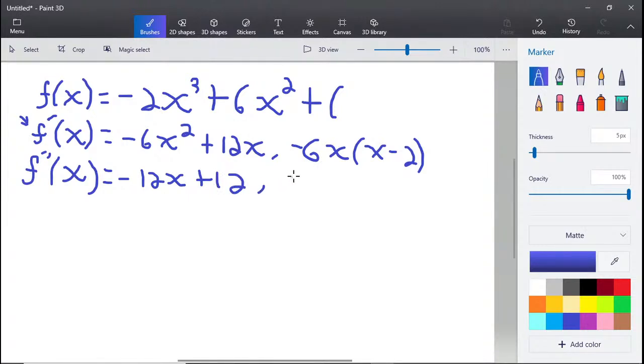By factoring, we can factor out negative 12 from the expression and get x minus 1. And this gives us our point of inflection, actually, at 1. A point of inflection is where the changes are not going positive nor negative.